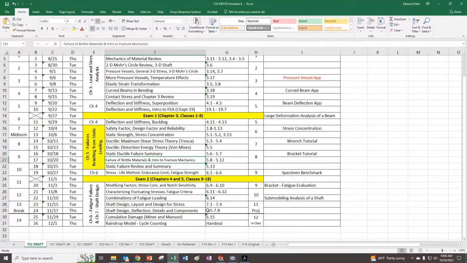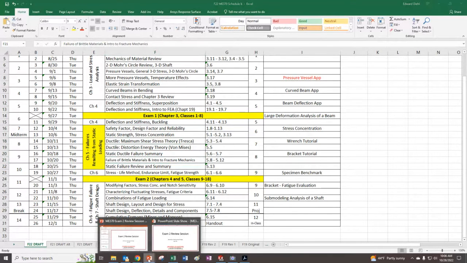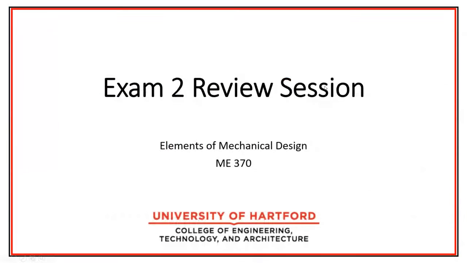I will also say that one of my highest priorities is that you have mastered, and continue to work on, being able to solve statics problems. So drawing a free body diagram and getting the reaction forces, whether that be in a door handle type of cantilever problem or a simply supported problem.